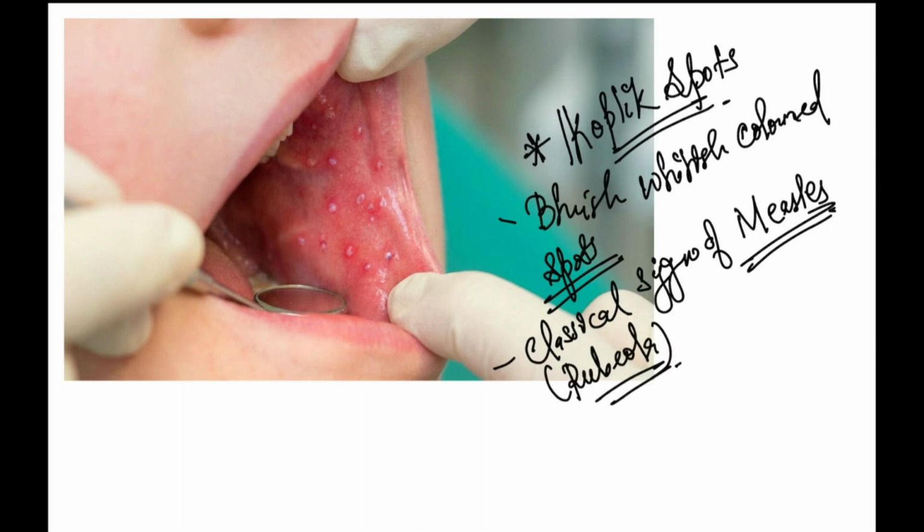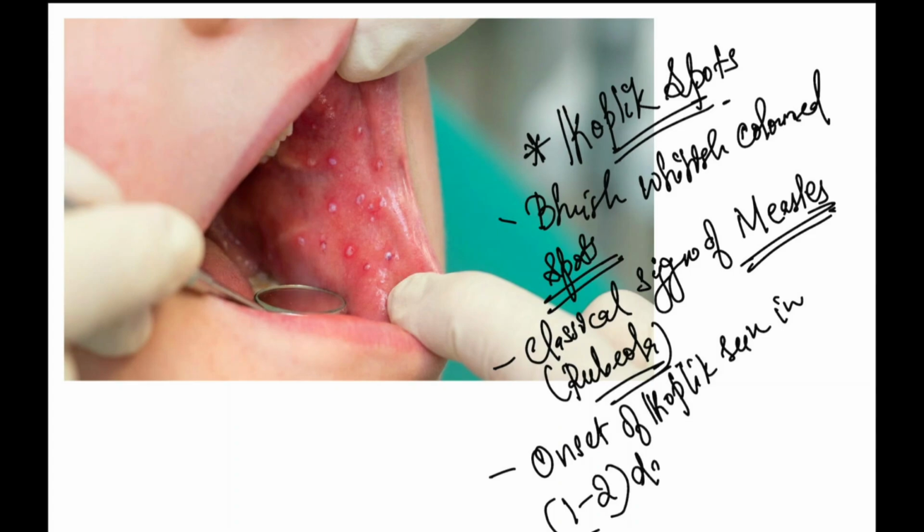Can we know when these spots appear? These spots appear 1 to 2 days before the start of the rashes. Which rashes? The rashes of measles. So the onset of Koplik spots in measles is 1 to 2 days before the appearance of rashes.